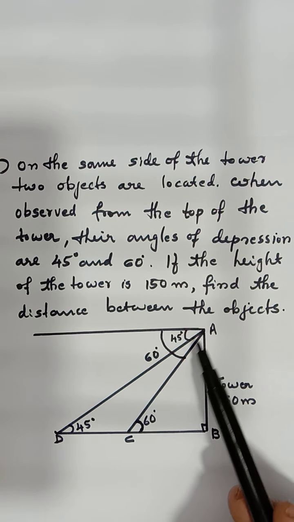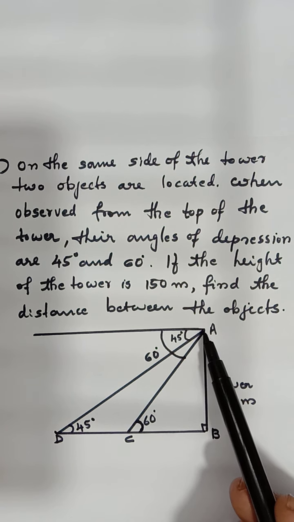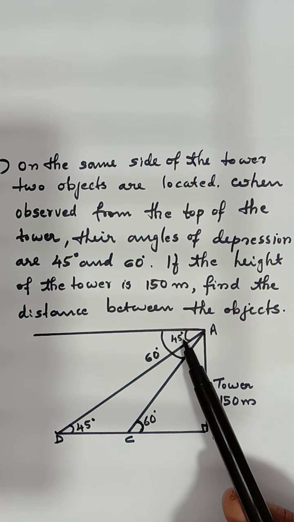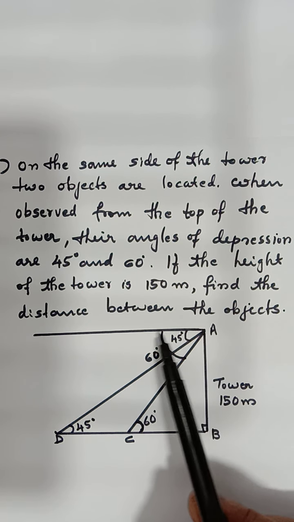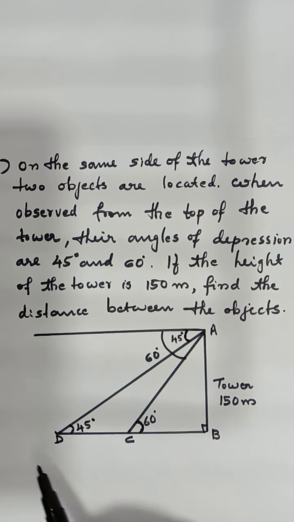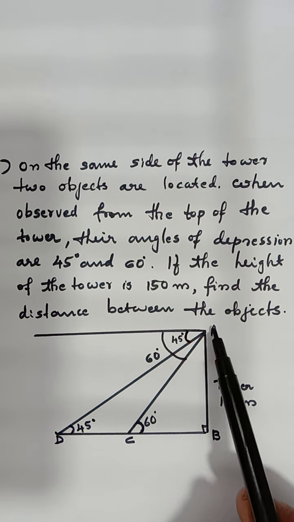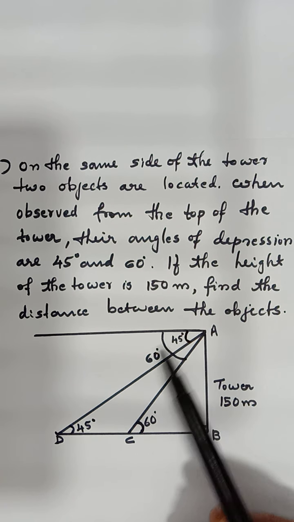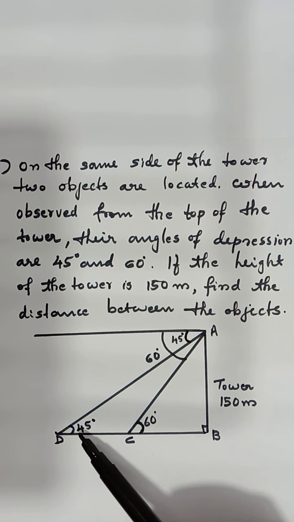So angle of depression is shown from the point A. Angle of depression to the point D will be 45 degree. That is angle between the horizontal line and line of sight. It is 45 degree. So here also we can mark, as these two lines are parallel to each other and AD considered as transversal, therefore these angles are alternate interior angles.